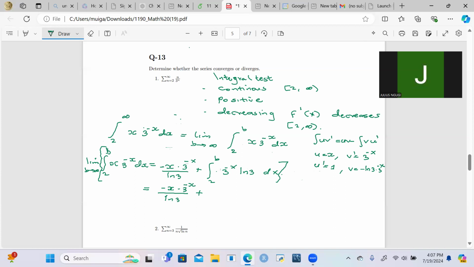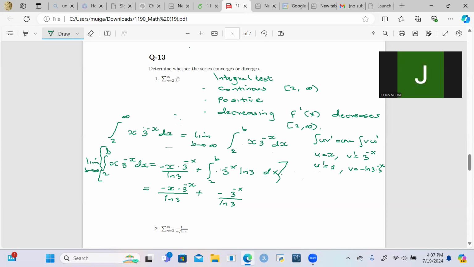We should have ln of 3 as a constant, so we have minus 3 power minus x over ln of 3, and then the limits from 2 to b.